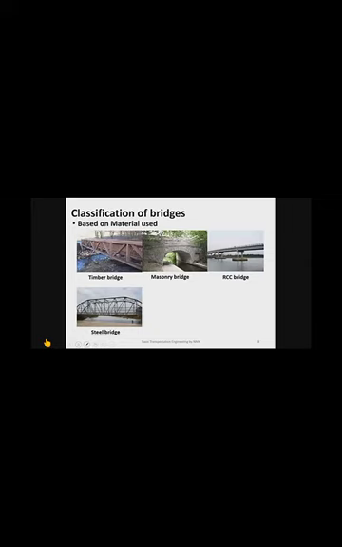This is a steel bridge. It is completely made with steel, with truss type components. This is a pre-stressed cement concrete bridge. These are pre-stressed concrete materials; they may be girders or slab decks.